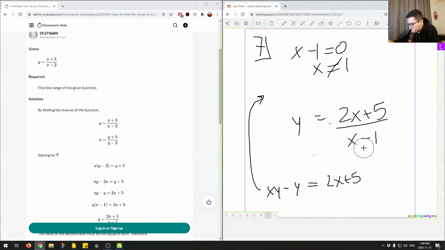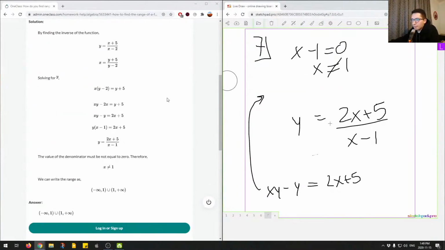So for this function, the range is where x does not equal 1. Looking at the Janine the Tutor's answer, they go through the same process and end up with the same answer, our range is negative infinity to 1.